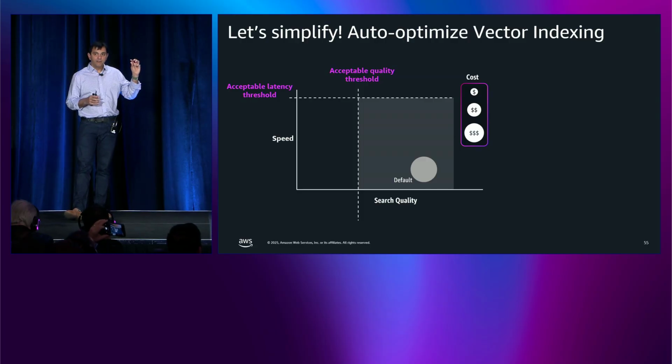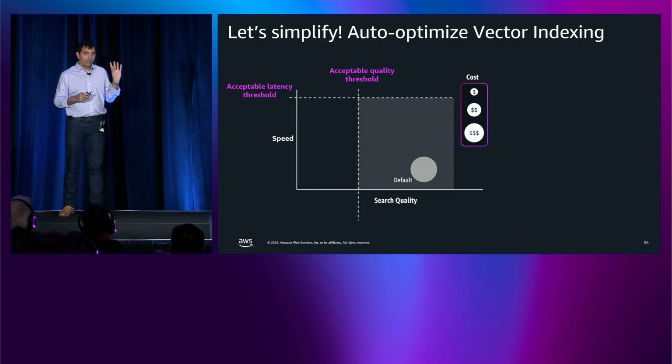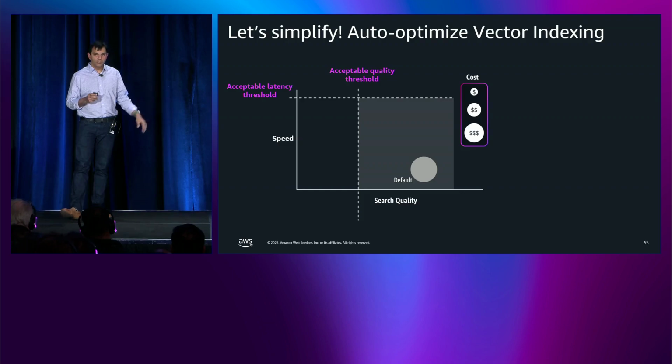So, if you're okay with higher latency, we'll recommend a disk optimized mode. If you want really high recall, we'll recommend some particular hyperparameter configuration. So we'll run all the different configurations, and this job will provide you an output that you can directly apply to your cluster and get the best outcome that you're looking for your vector tuning without having to spend days trying to figure out what to do. So this will really help accelerate your POC to production for vector use cases.